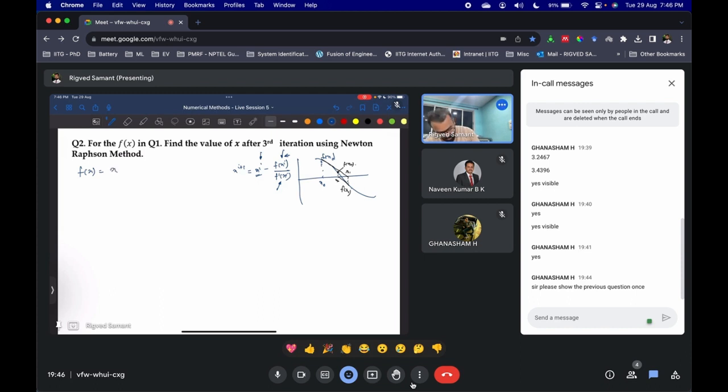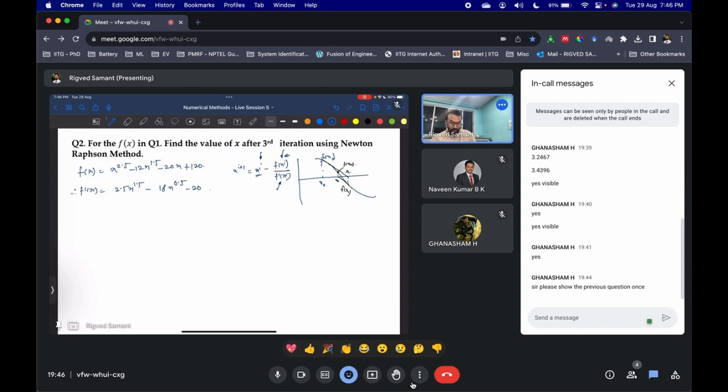So the function f of x is x raised to 2.5 minus 12 x raised to 1.5 minus 20x plus 120, f dash x is 2.5 x raised to 1.5 minus 12 into 1.5 x raised to 0.5 minus 20, right?